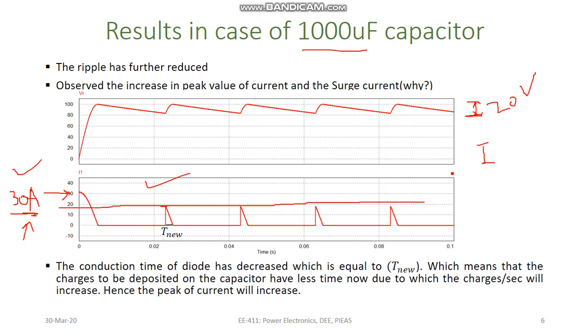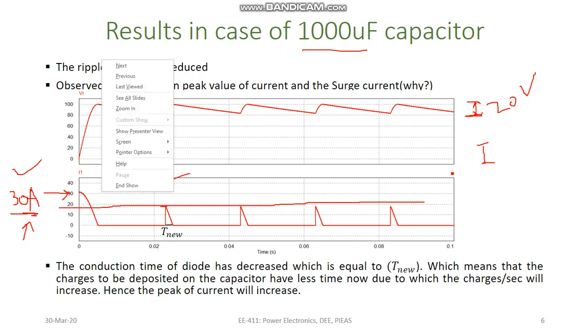Most people go through all these calculations. They determine the RMS value, peak value, peak inverse value of the current, but they do not consider the surge current rating of the diode that we are going to use in our circuit.